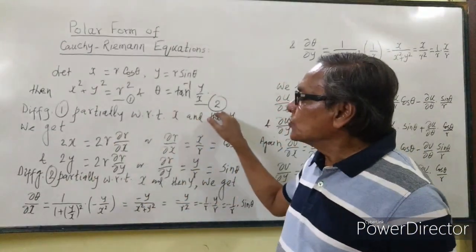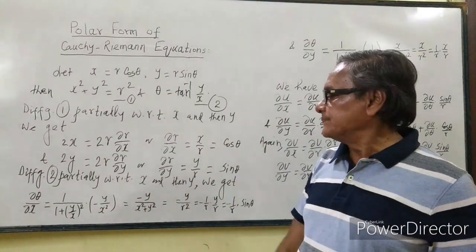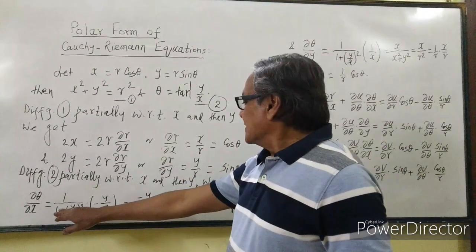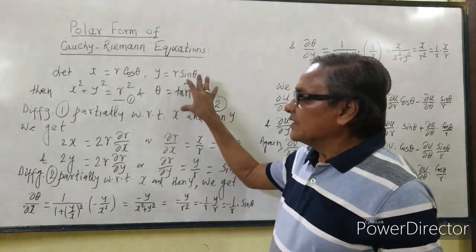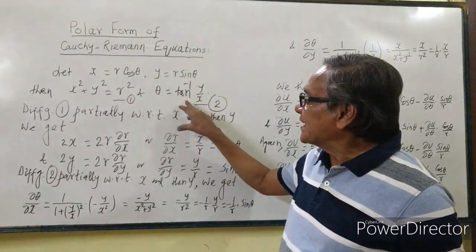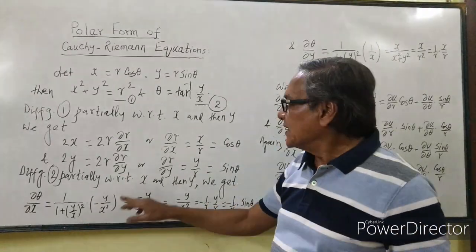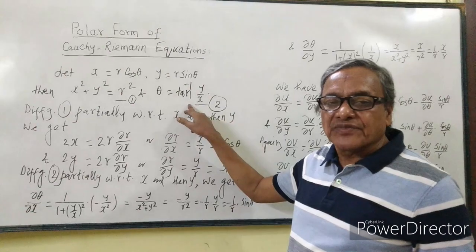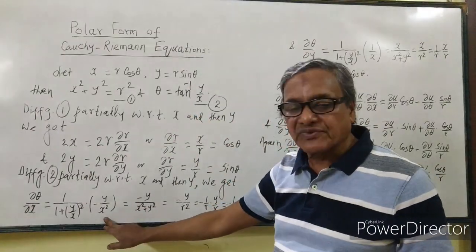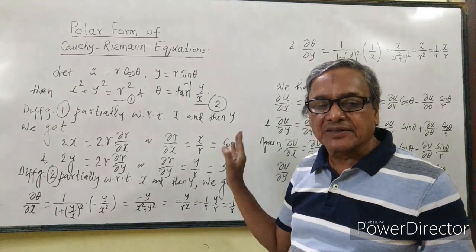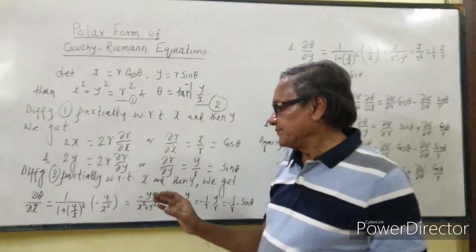Again, differentiating 2 partially with respect to x, ∂theta/∂x: differentiation of inverse tan of y by x will be 1 upon 1 plus y by x whole squared, and then differentiation of y by x partially with respect to x, we shall get minus y upon x squared, because y is here constant and only x is the variable.